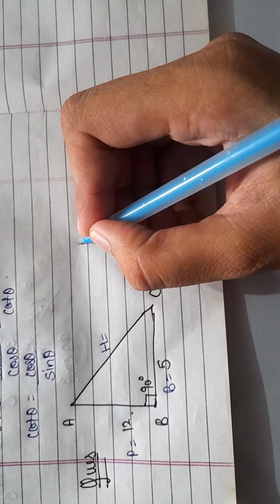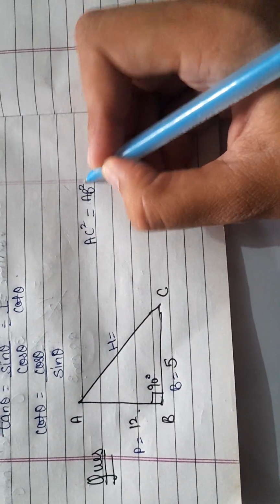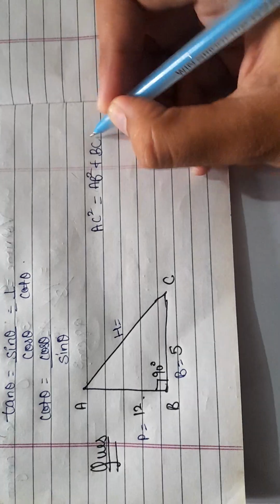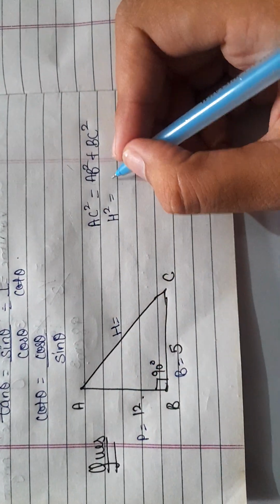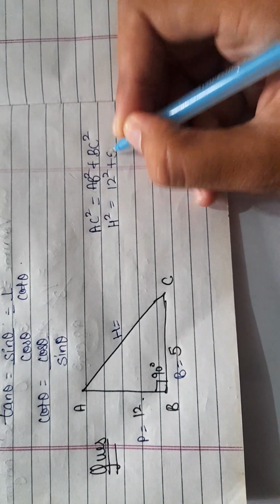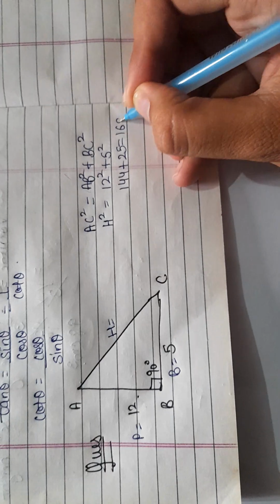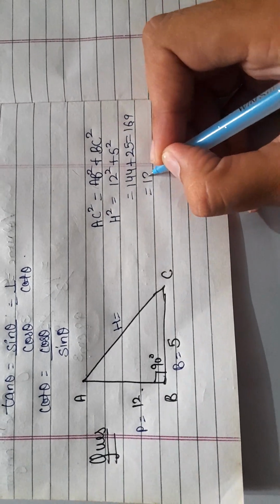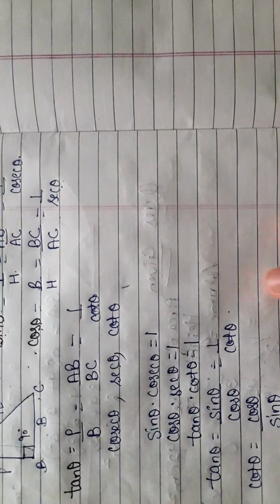The Pythagoras formula is hypotenuse square equals perpendicular square plus base square. Putting values, h square is 12 square plus 5 square, it is 144 plus 25, it is 169, and it is the square of 13. Hypotenuse equals 13.